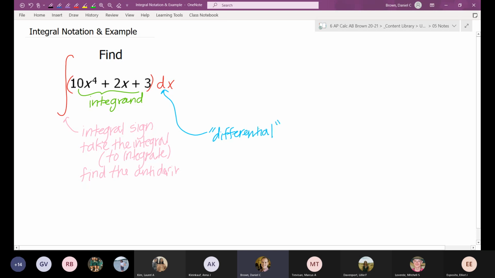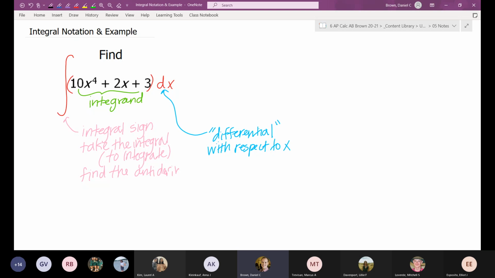And what's important about it is that it tells you what your variable is. So kind of like when we did implicit differentiation, the dx tells you that you're doing it with respect to x. So if your equation had thetas in it, you would see a d theta. If it had t's, you would see a dt, etc.